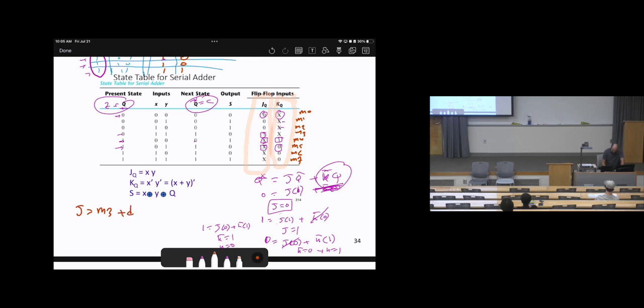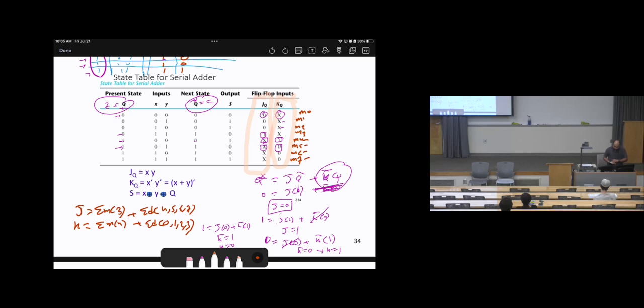Let me write it in the right representation. As min terms, we have only 3, while as don't cares we have 4, 5, 6, 7. Then for K, the min term we have is M4. Then for the don't cares we have 0, 1, 2, 3.